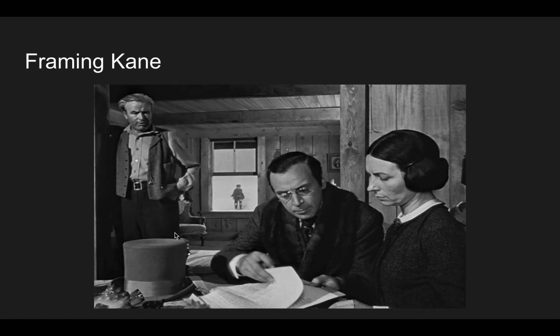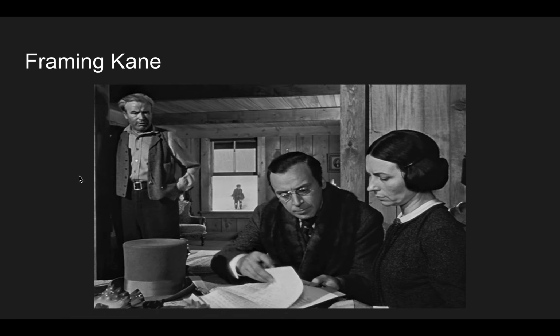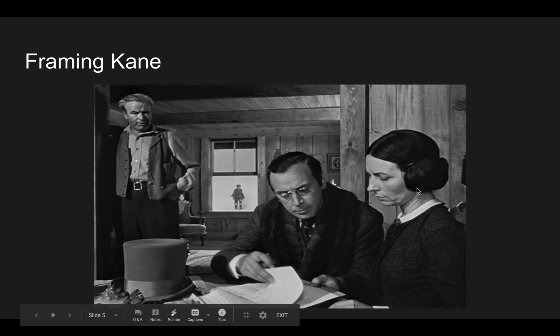Okay. I want to talk now about some key shots just by looking at some individual frames here. Of course, I went over this one in detail, but I just want to reiterate so you can see the connections to the next frames. Okay, so again, this is an example of deep space composition. We have our characters in the foreground who, because they are in the foreground, have a lot of visual weight. I'd say probably most of the visual weight falls on them.